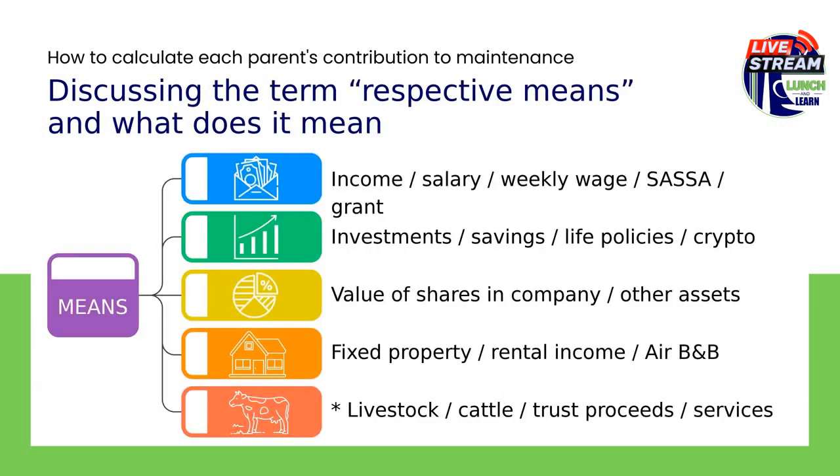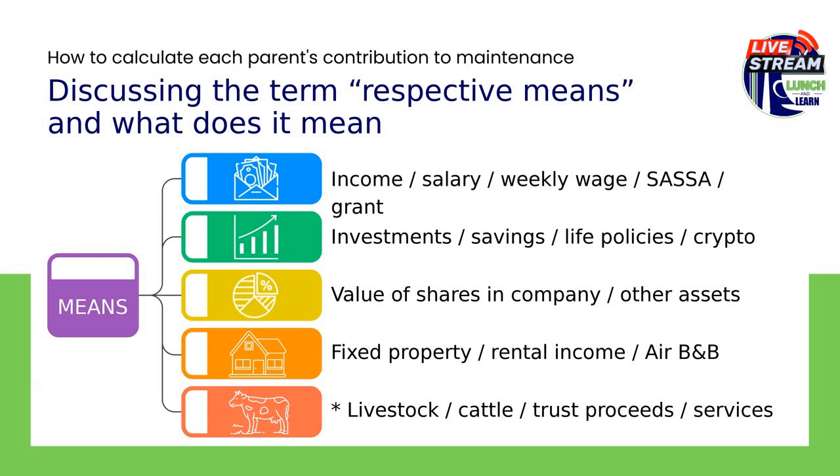So what is meant by the respective means of the parties? In the layman's terms, in the simplest terms, it would equate to a person's income, their net worth, what they are worth, in order to establish their means. So what is the possibility for them to pay maintenance? In simple terms, what is their income?